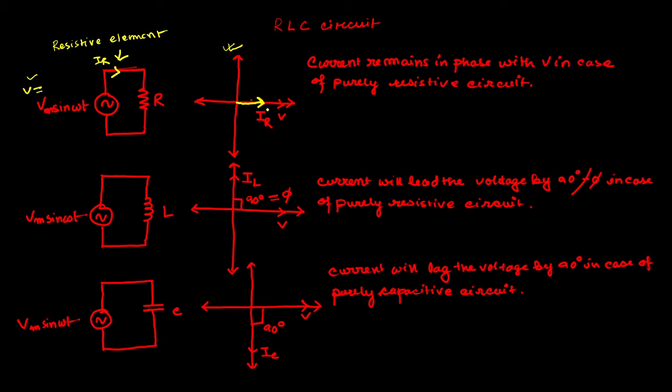So we can see that IR is overlaying with the vector of the voltage. There is no angular difference between them. So we can say that current remains in phase with the voltage in a purely resistive circuit.